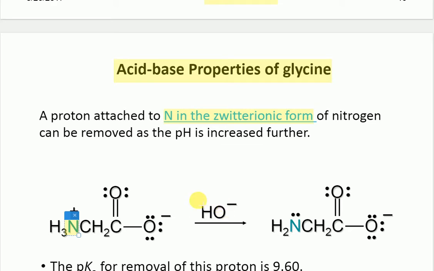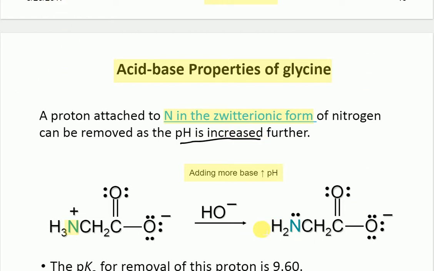Now, what we're doing here is adding more base, and what that does is it increases our pH, making it more basic. So the pH is increased further.